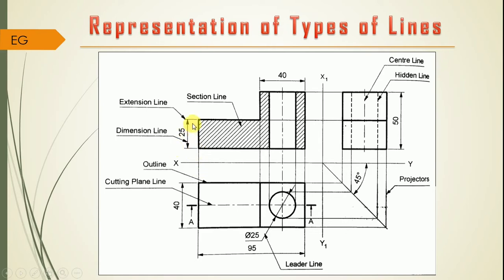Again, the extension lines to show the respective dimension, whatever extension we are taking over here, those extension lines are again an example of continuous thin line. Again you found over here the section line, also called the hatching line, which is again represented by means of continuous thin line, again with the thickness of 0.2 mm. So this is all about the second type of line, that is the continuous thin line.